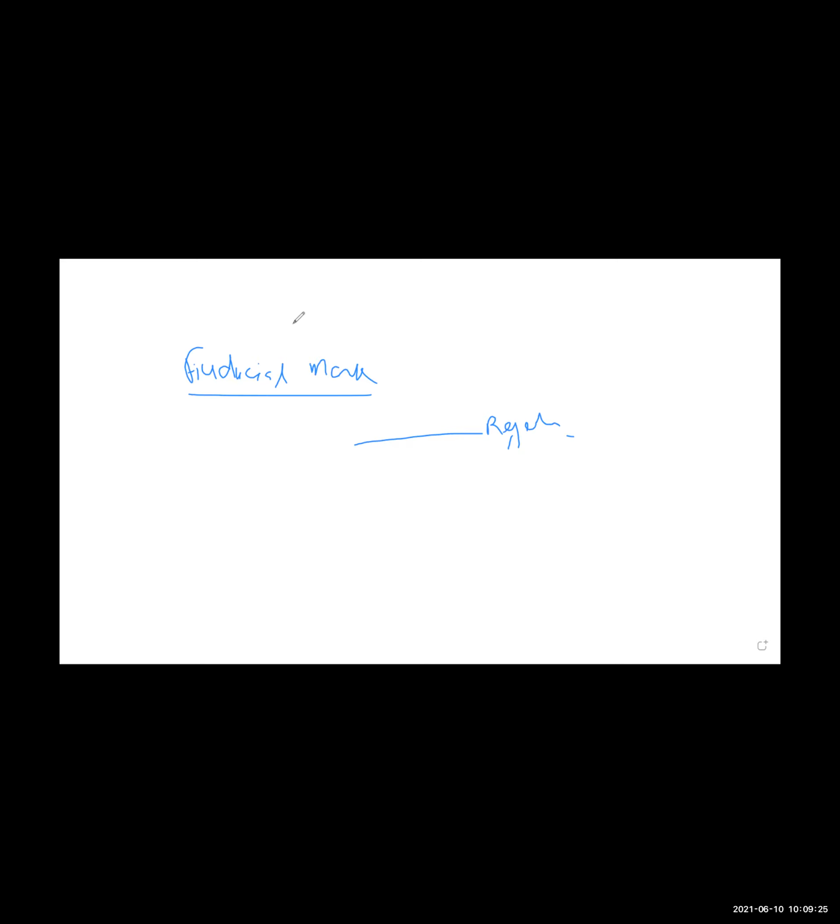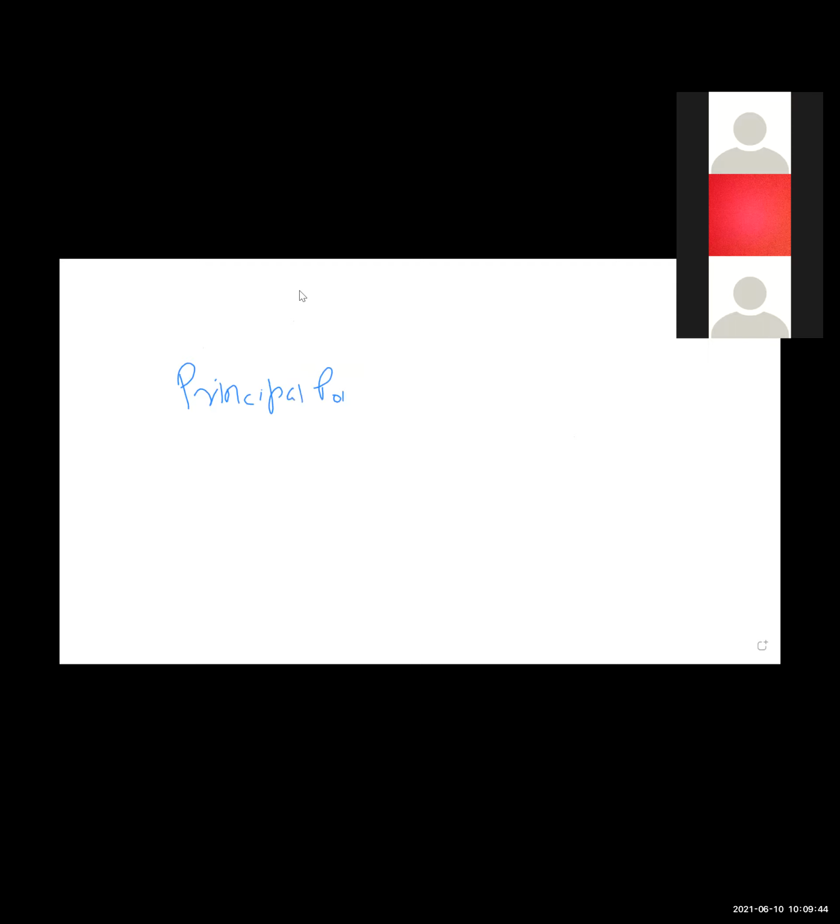Principal point is denoted in relief displacement also, that is O point. So what is principal point? Principal point is the point where the perpendicular dropped from the front nodal point strikes the photograph. How is it shown in the figure?